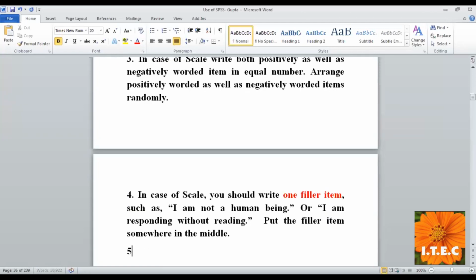Okay. Now, in case of a test, the items must be with different difficulty level.